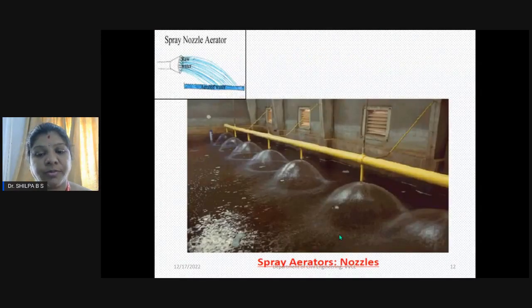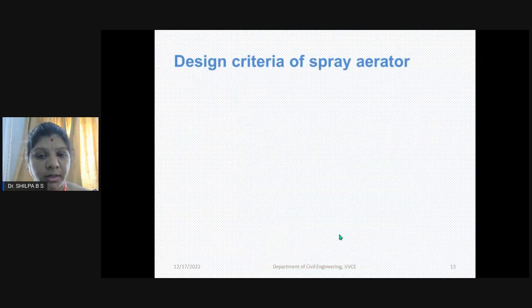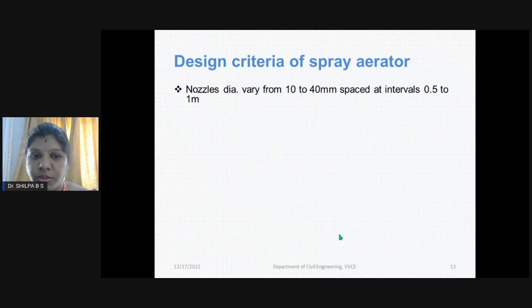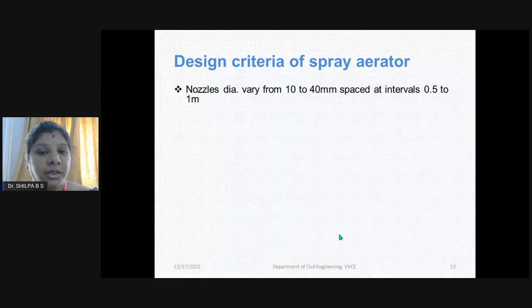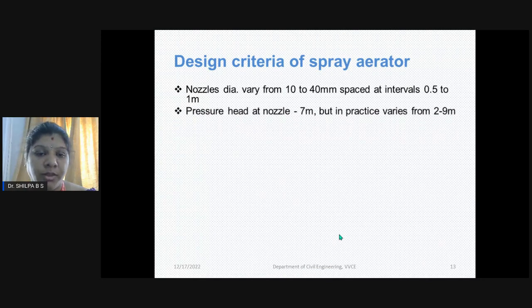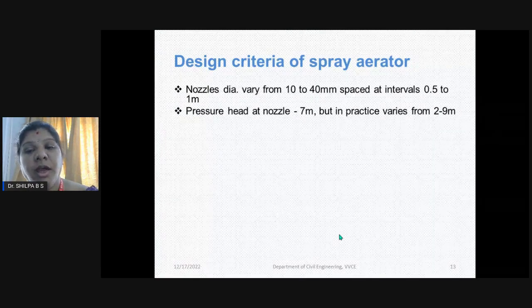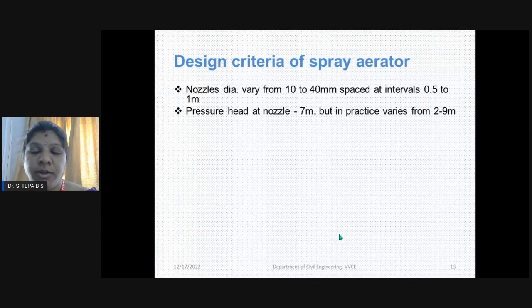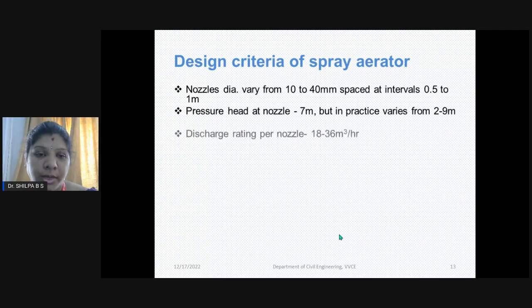This is the spray aerator, which is used in water treatment and wastewater treatment. The nozzle diameter varies from 10 to 40 mm, and the nozzles are spaced at an interval of 0.5 to 1 meter. The pressure head at the nozzle is about 7 meters in practice, but it can vary from 2 to 9 meters.